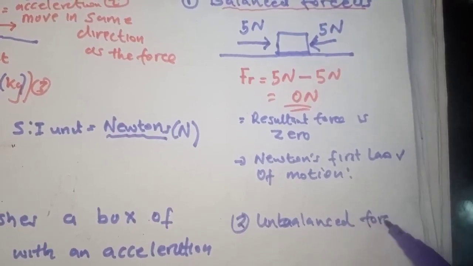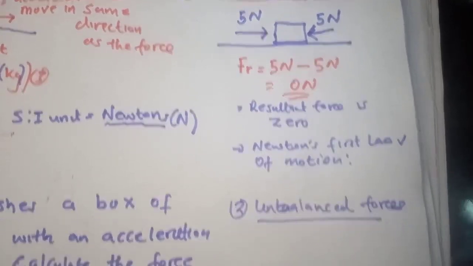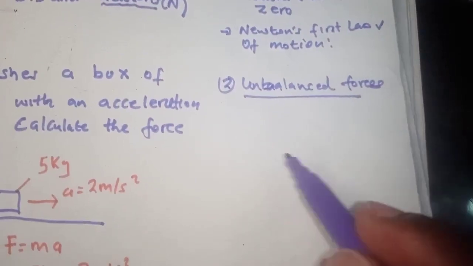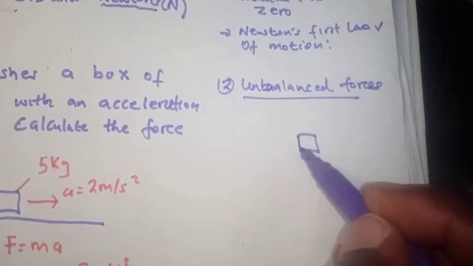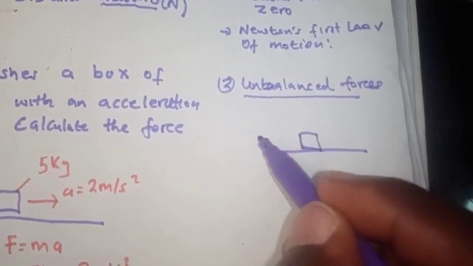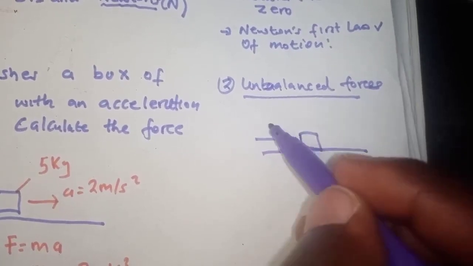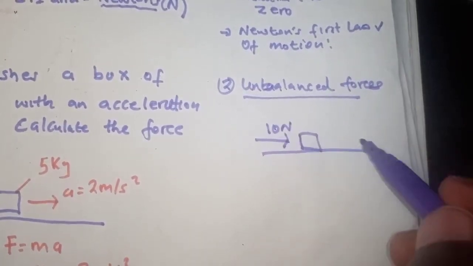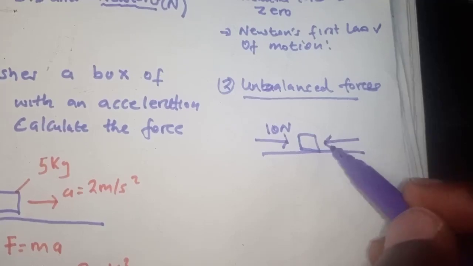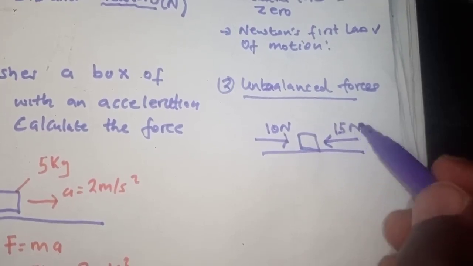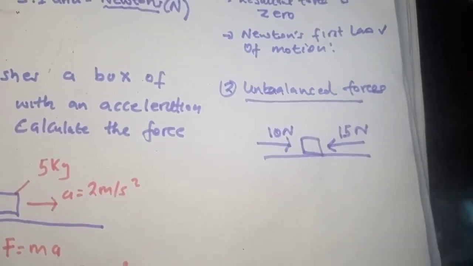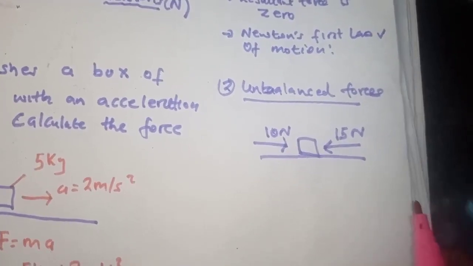For unbalanced forces, let's consider a box resting on a flat surface. You have a force of 10 newtons here, and another force acting here which is 15 newtons. As we can see, the forces are not equal, so the forces are not balanced.